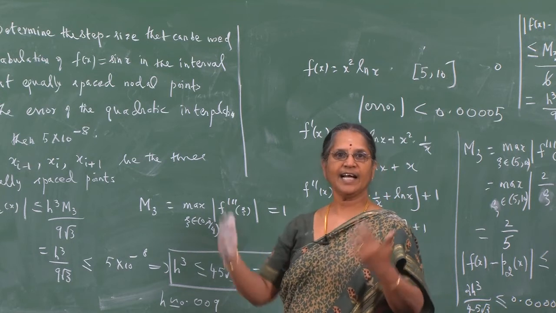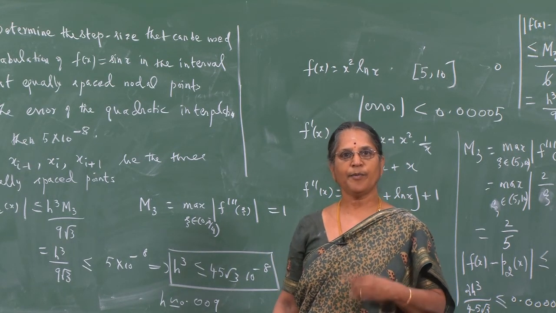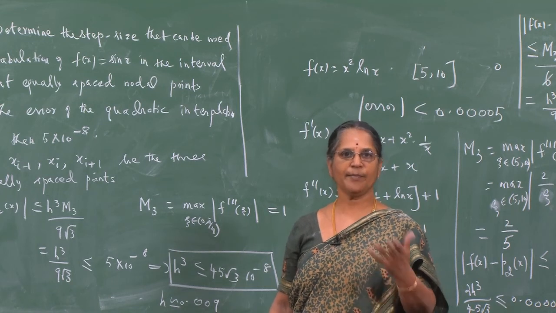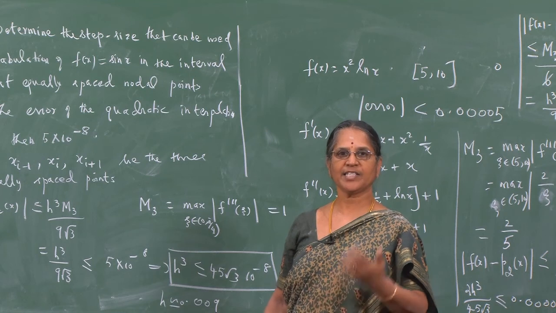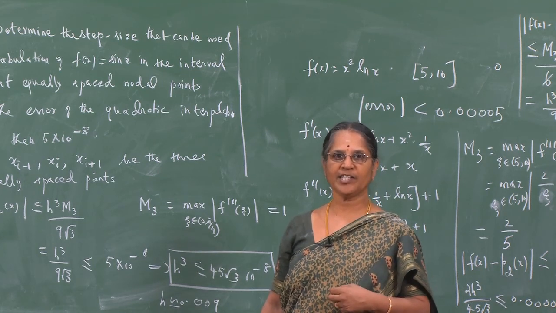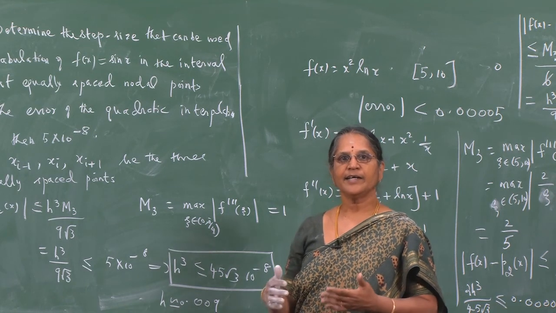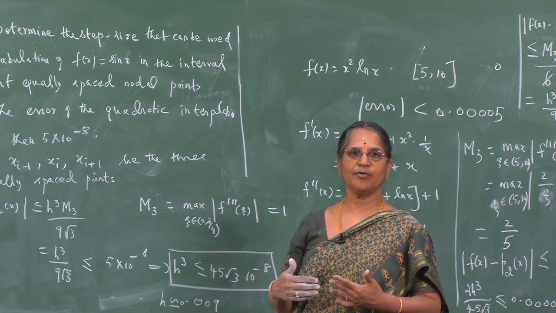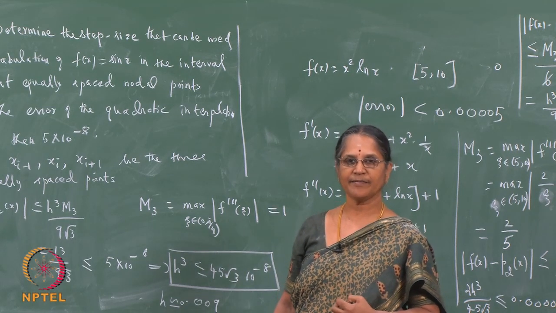We derived the Lagrange interpolation polynomial for points which need not be equally spaced, and also obtained the expression for error in interpolation for that case, and then obtained the error bound for the special cases when the points are equally spaced.